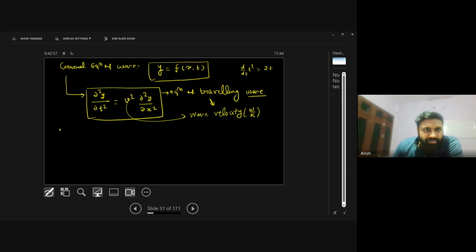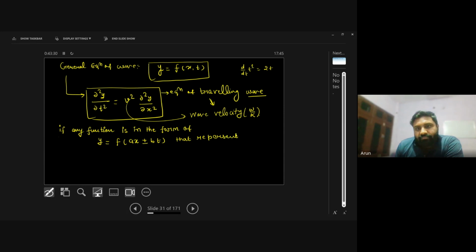So if any function, just write it down. If any function is in the form y equals a x plus or minus b t, that represents a wave.